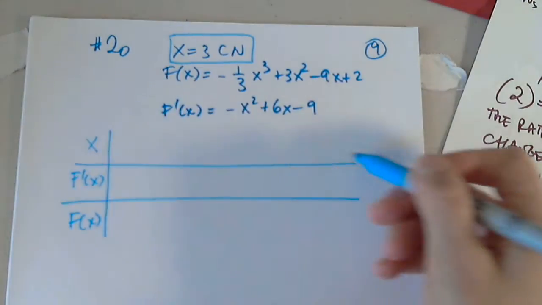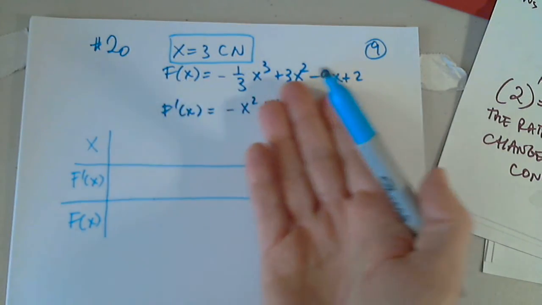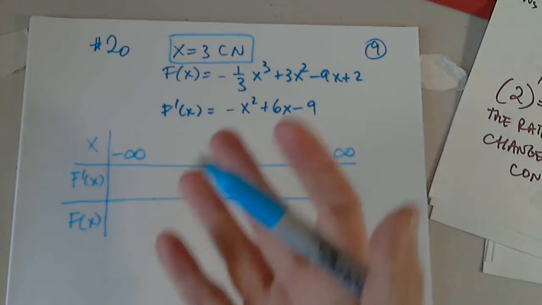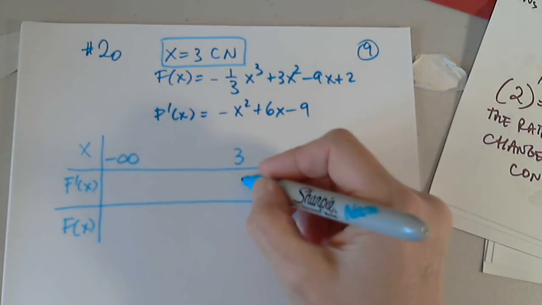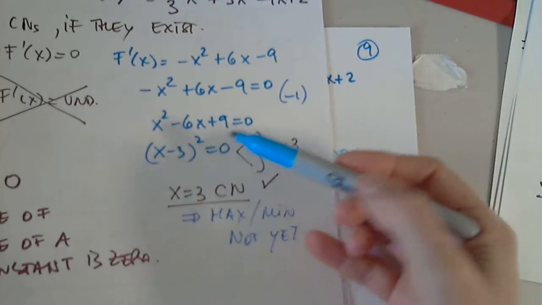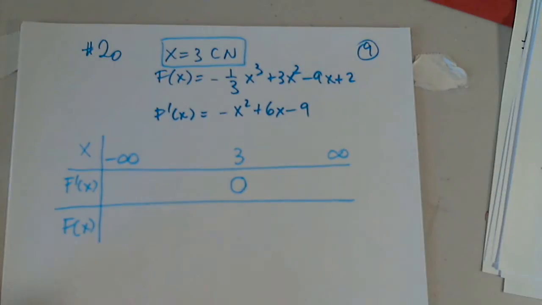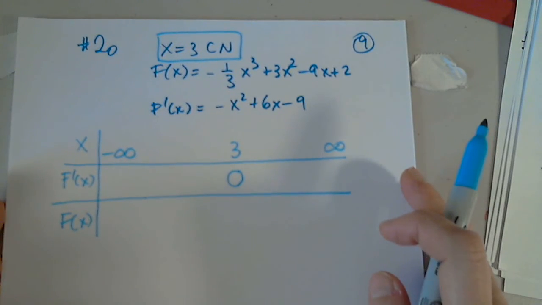So x is the variable in the problem. Since this is a polynomial function, x could be anything. I'm really interested in what happens at 3. I know that the derivative is 0 because that's what we determined. The derivative was 0 at x equals 3, not undefined.